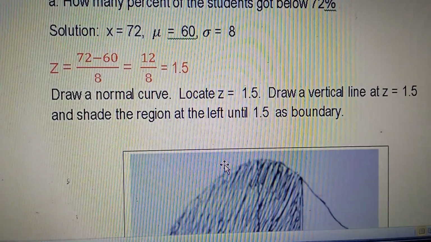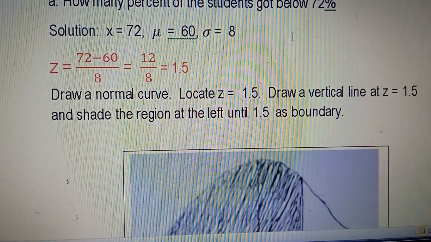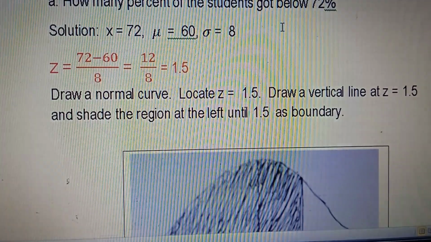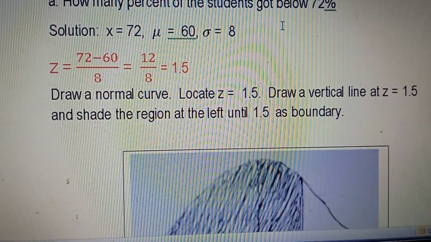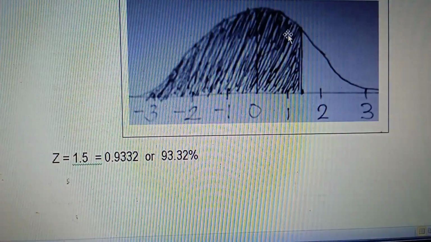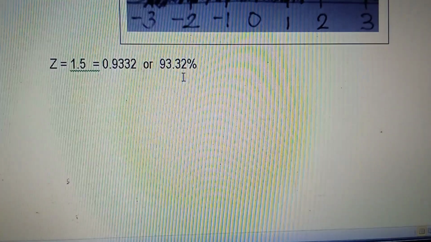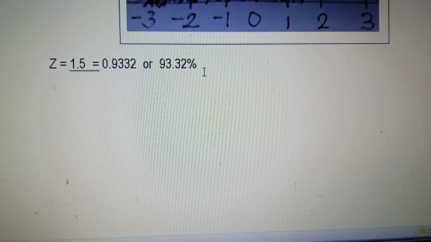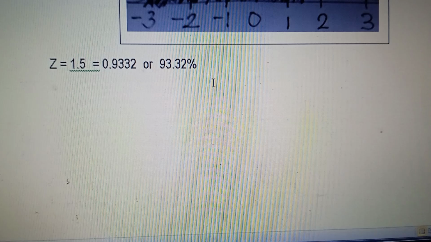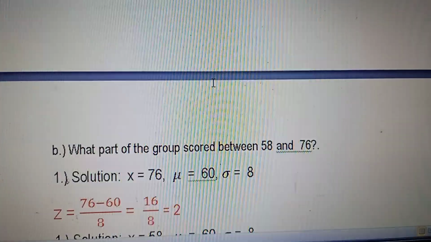So in the problem, the portion of the students that got below 72 is 93.32% of the group. Okay, so let's go to the next.